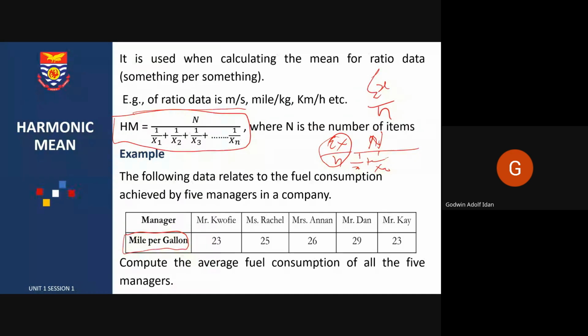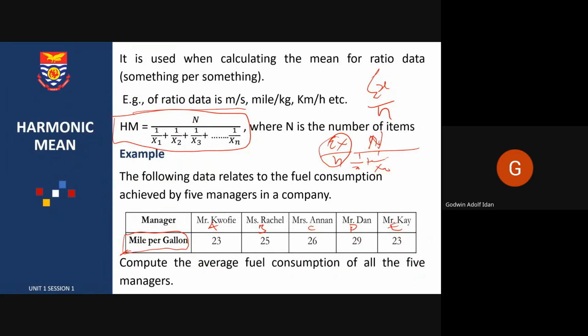For example, the following data relates to the fuel consumption achieved by 5 managers in a company. Now we have managers A, B, C, D, and E, and their consumption in the unit mile per gallon. And so the mile per gallon is telling you the ratio.